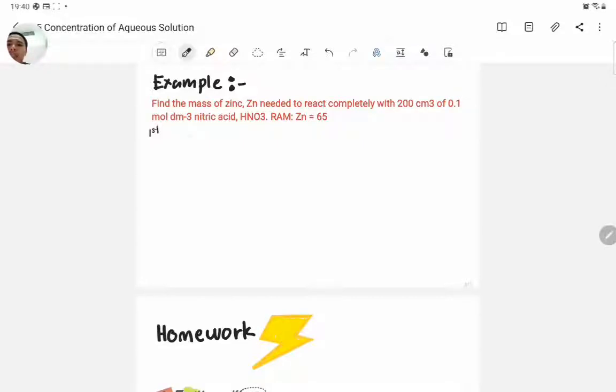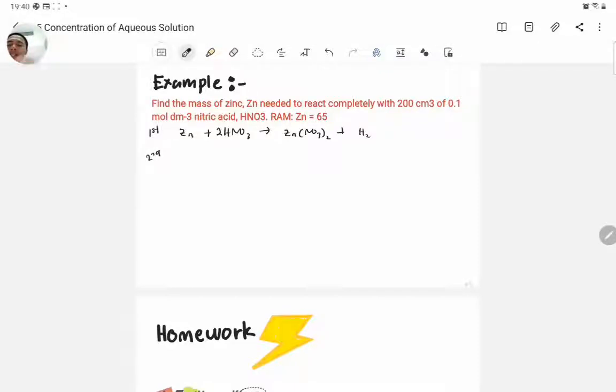For the chemical equation, zinc reacts with nitric acid to produce zinc nitrate plus hydrogen gas. After that we need to balance the chemical equation. So we have 2 here. Settled for the first step.